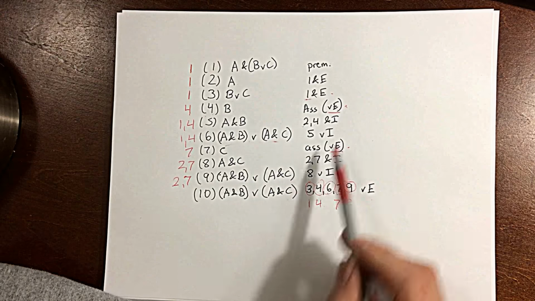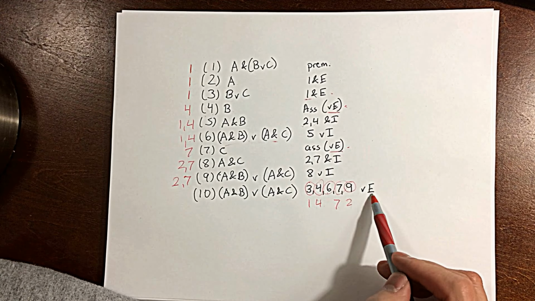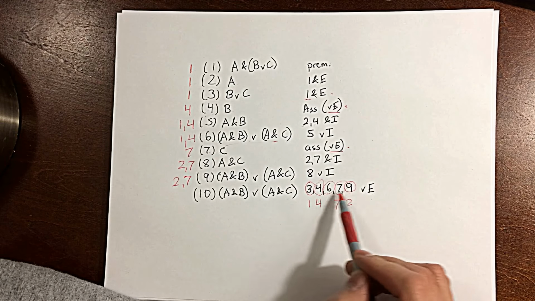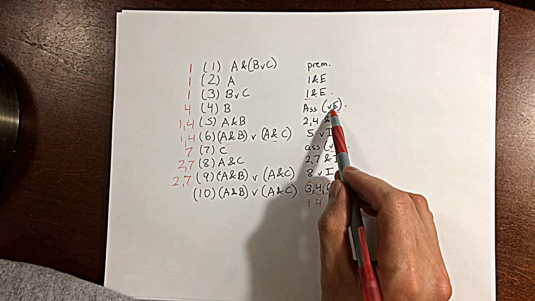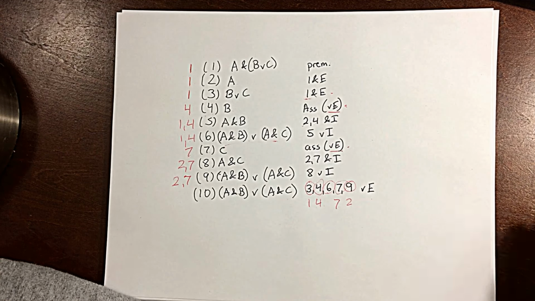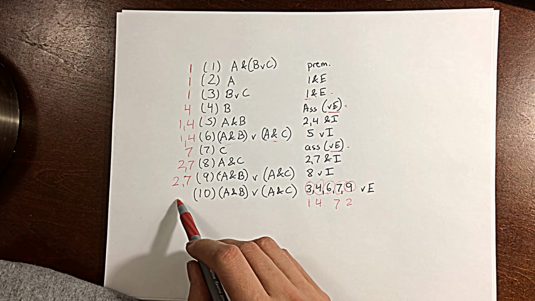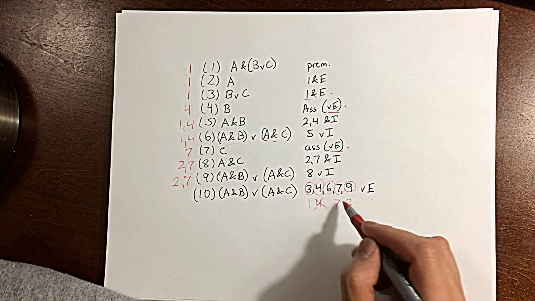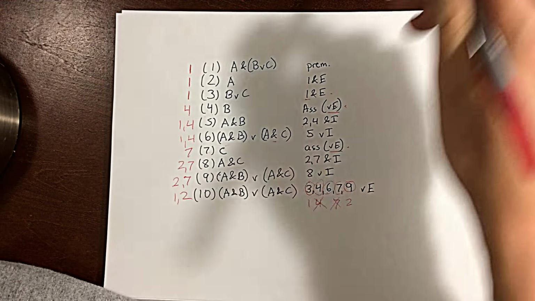And so here we're going to discharge these assumptions when we apply the rule of OR elimination, that we use this line when we use OR elimination. So that means we discharge or leave out of the dependency numbers lines 4 and 7. So for 10, the dependency numbers should just be 1 and 2.